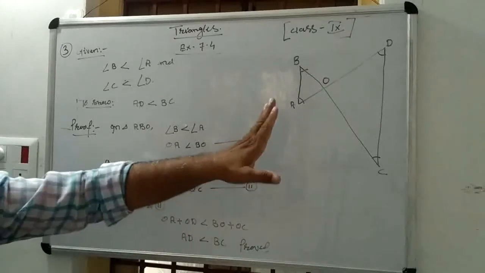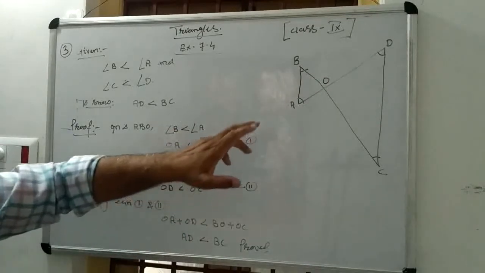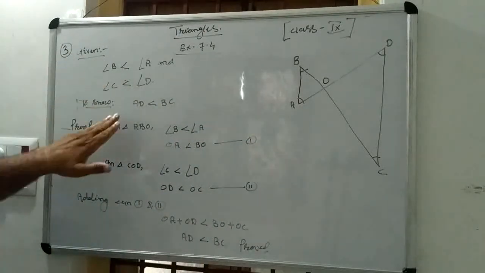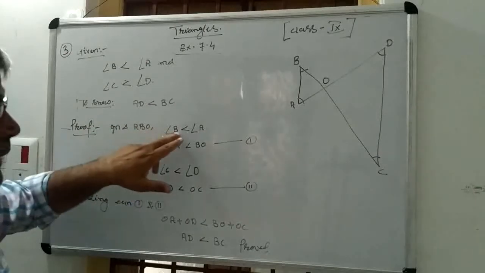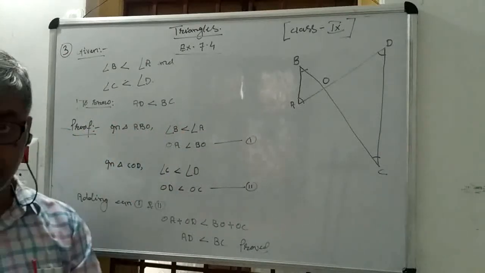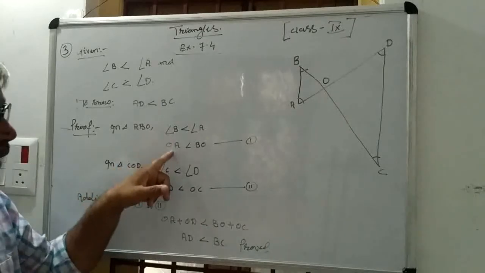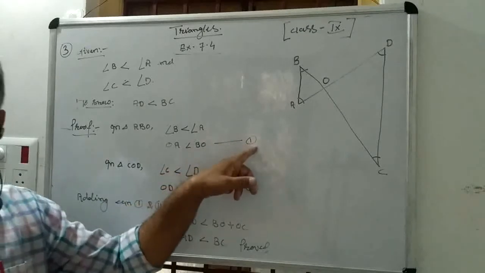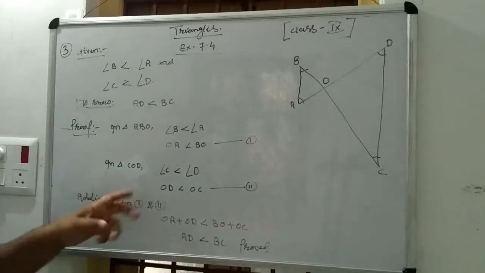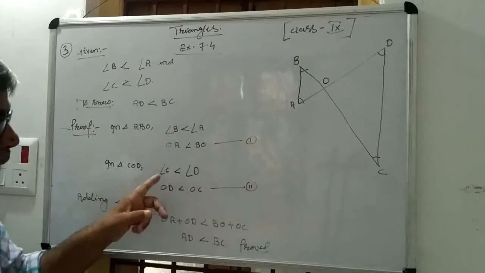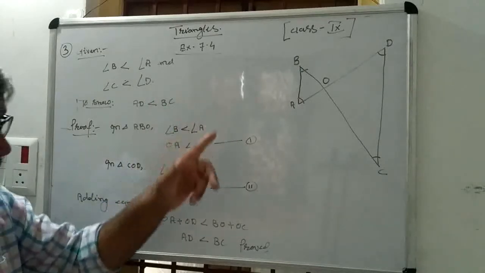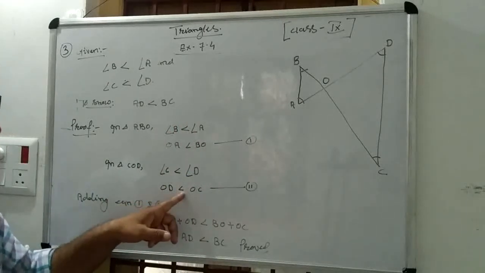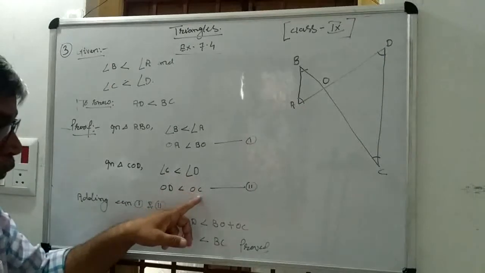We have applied the properties of inequalities in these two triangles. In the first triangle ABO, it is given that angle B is less than angle A. So the side opposite to angle B, that is OA, will be smaller than BO. This is your equation 1. In triangle COD, angle C is less than angle D, so the side opposite to angle C, that is OD, is smaller than the side opposite to angle D, that is OC.